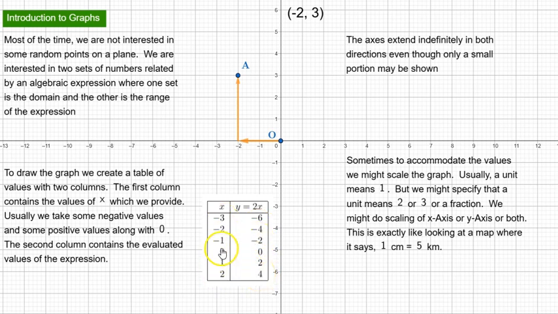So now we get 6 (x, y) pairs of numbers. And we plot these points on the Cartesian coordinate system.